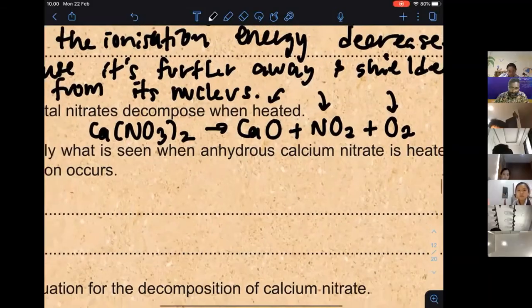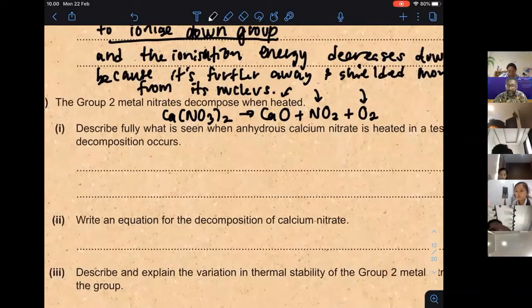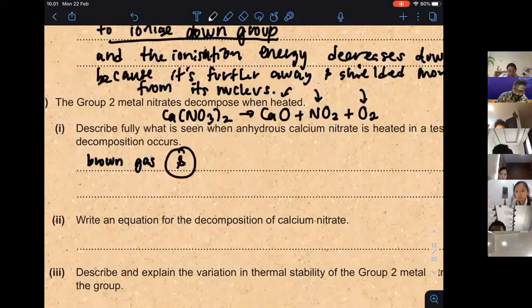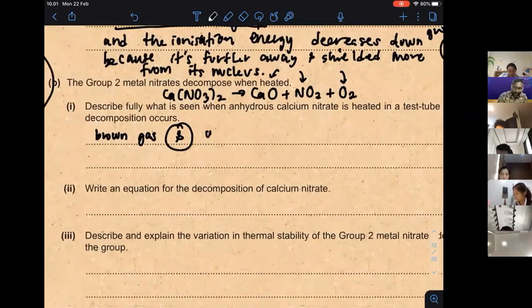Here they are asking, describe what is seen. There are 2 things that you can see, so you just write down both things. Brown gas, and if you don't mention brown, you will not get the 1 mark. The brown gas and white solid.